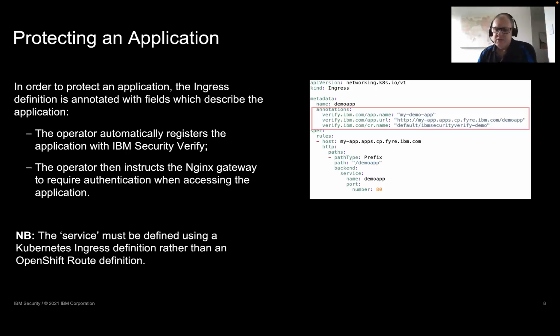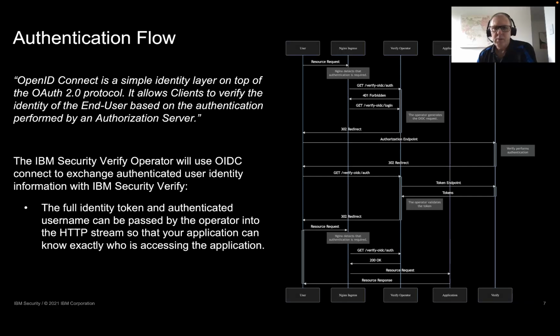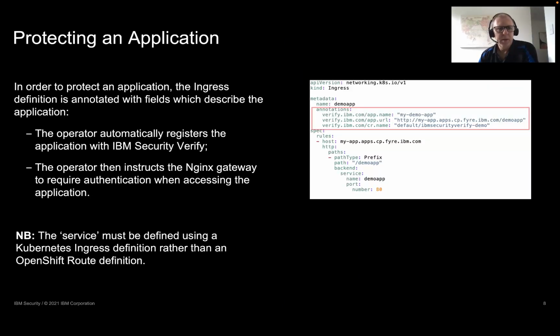So the next question is, as an application developer, how do you actually protect the application? How do you actually register with the Nginx ingress controller that authentication is required with Verify in order to be able to access this application? The way that you do that is by providing annotations to your ingress definition. What's on the right-hand side here outside of that red box is your standard ingress definition, nothing special.